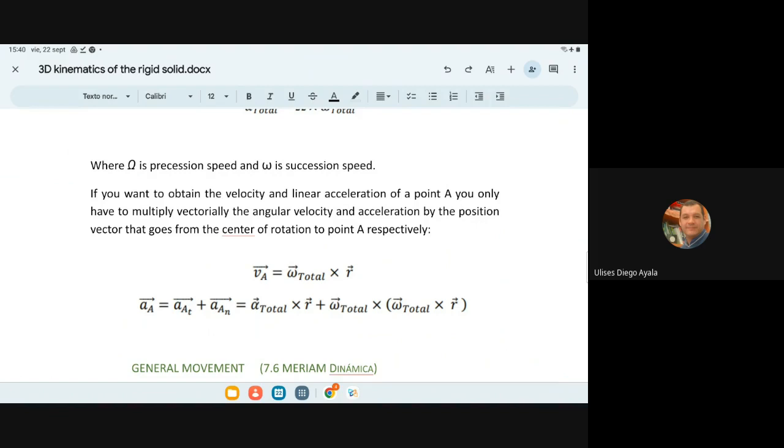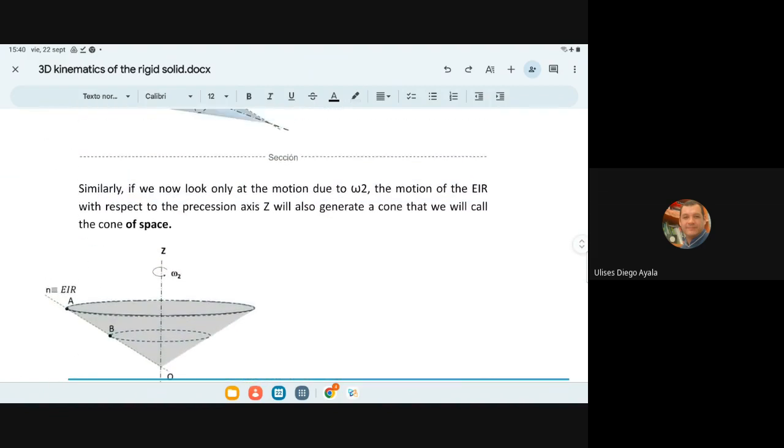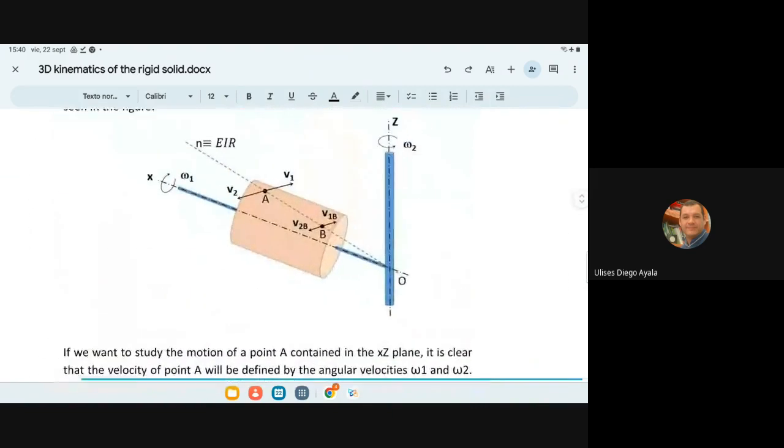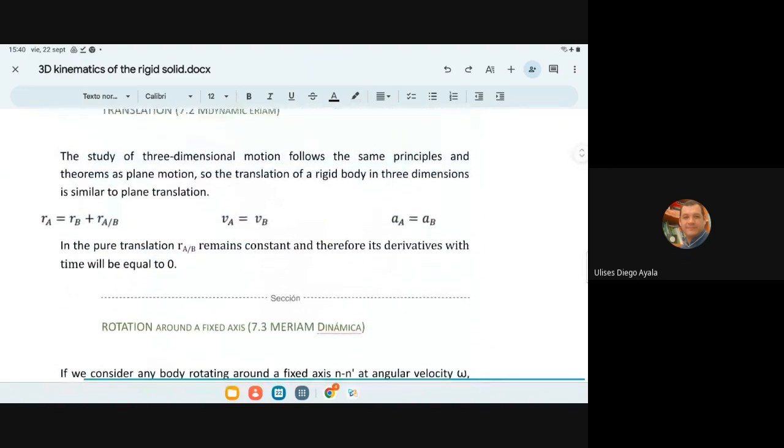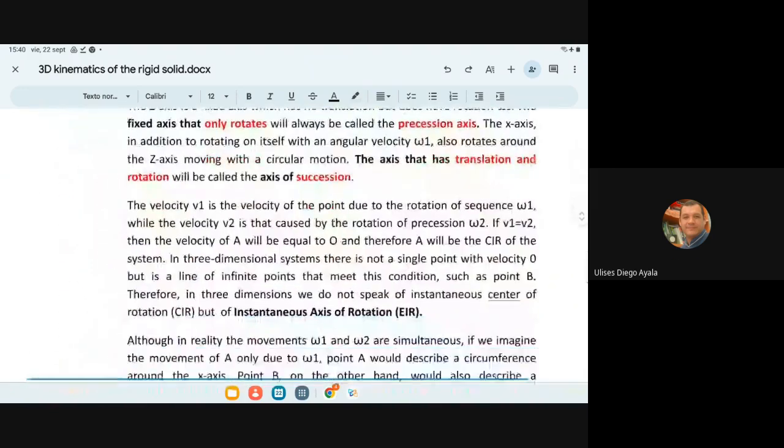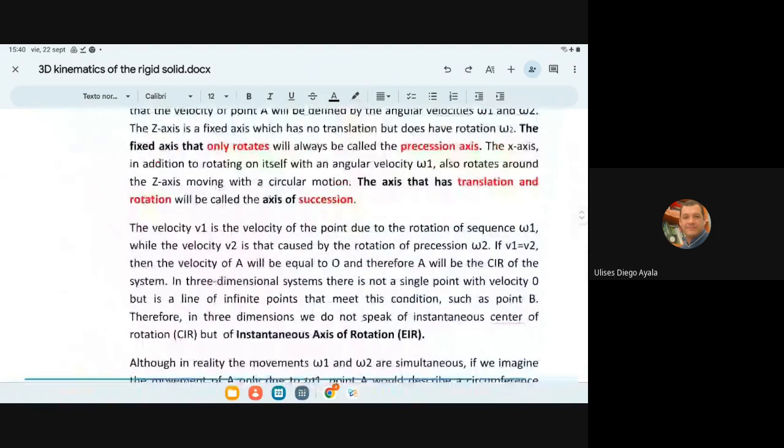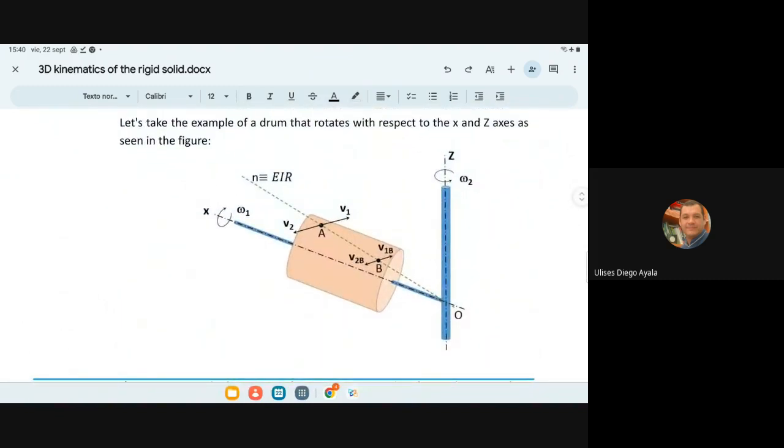These are the equations that apply to this particular system that has rotation around the same axle. That's the particularity of this. That's why you have this cone, because it rotates around one same point. From this point, you get these rotations, and also from this point, you got this rotation.